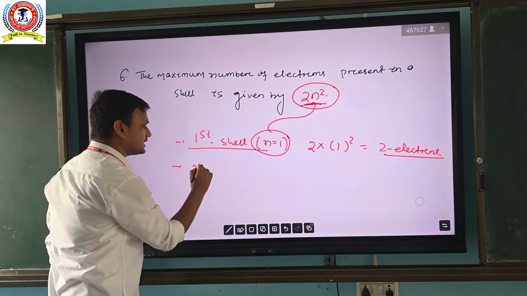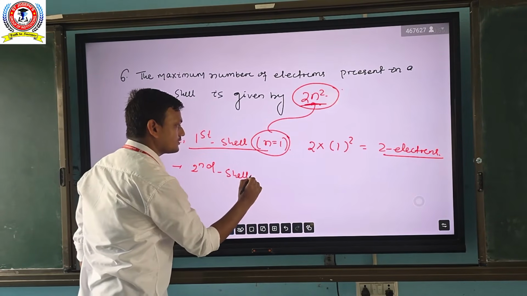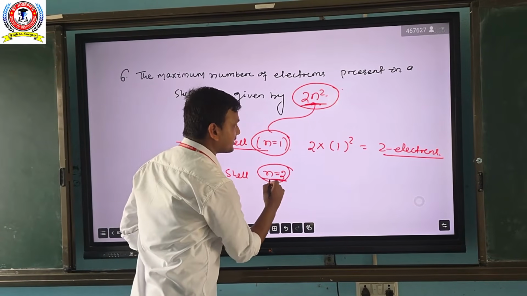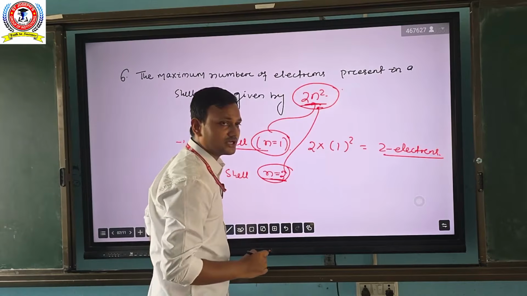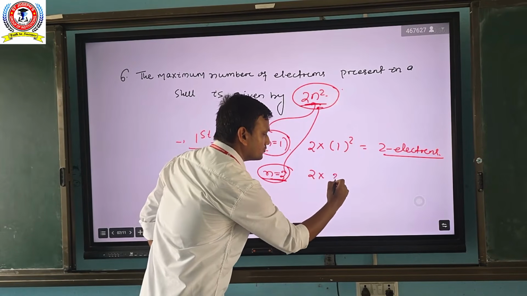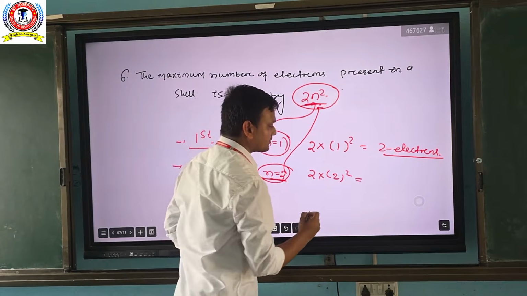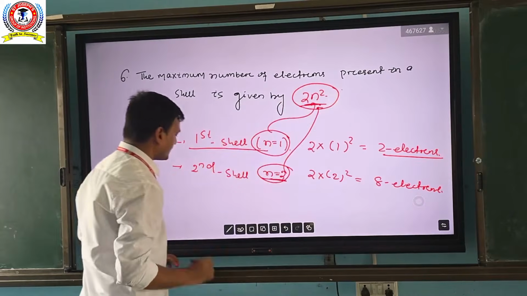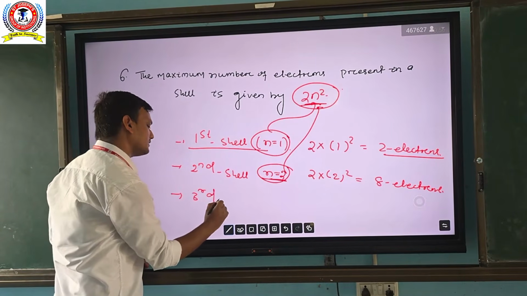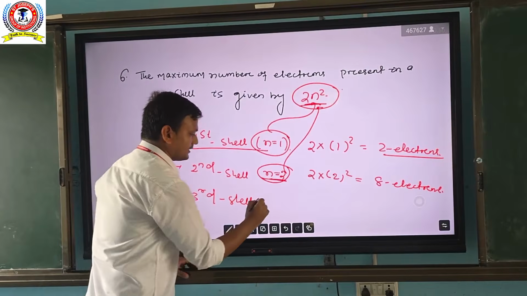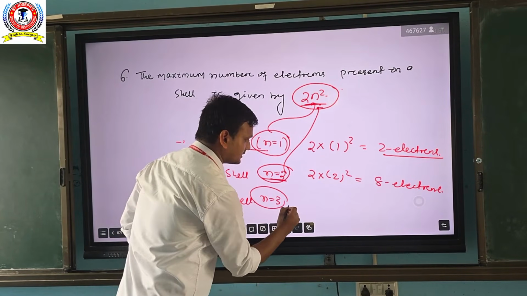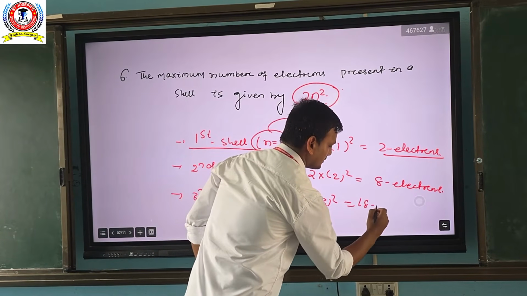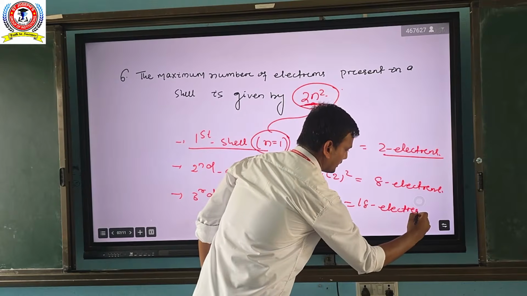Suppose in the second shell, n is equal to 2. When I put this value into 2n square, that is 2 into 2 square, that means 8 electrons. And the last one, suppose in the third shell, n is equal to 3, that means 2 into 3 square, 18 electrons.